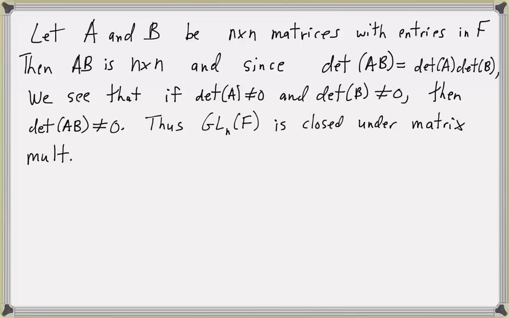So in general, we know that matrix multiplication is associative. And given any field F, we can define the identity matrix to be the matrix with all zeros except along the main diagonal, which will have the identity element 1.